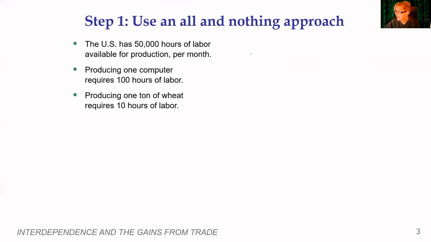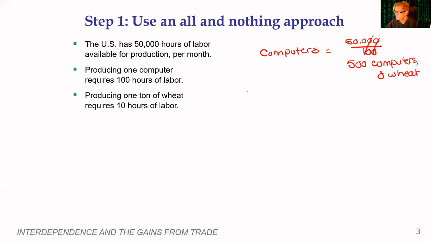So we're going to say that we're just going to produce computers. To produce computers, we take 50,000 labor hours, divide that by the number of hours it takes to produce a computer, and we end up with 500 computers and no wheat.